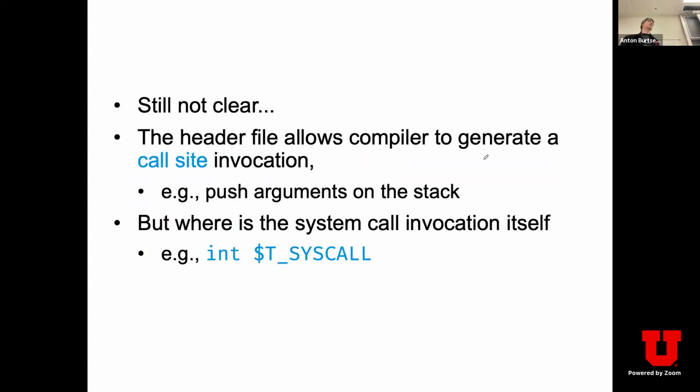But it's still a little bit unclear, because the compiler knows how to generate the call site invocation, right? But what about this int64 sequence? How would you do the plumbing for that?